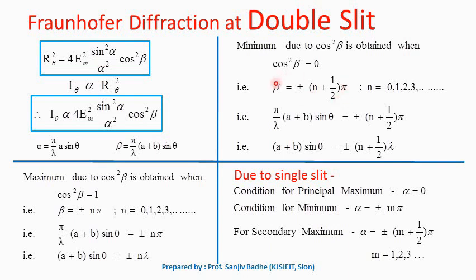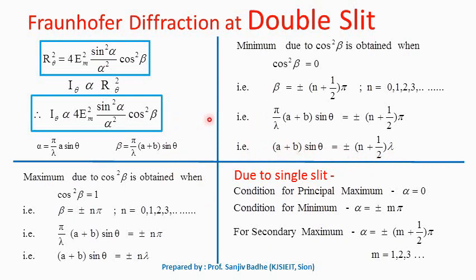For all these values of beta, cos beta will be equal to 0 and therefore cos square beta will be 0. Beta is pi by lambda (a plus b) sin theta. So the condition for minimum is pi by lambda (a plus b) sin theta equal to plus or minus (n plus half) pi. Pi can be cancelled and the condition for minimum can be written as (a plus b) sin theta equal to plus or minus (n plus half) lambda.